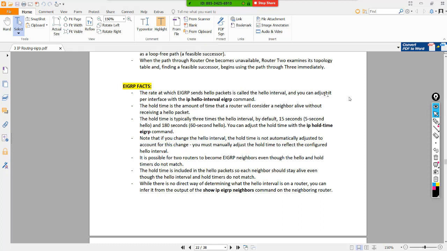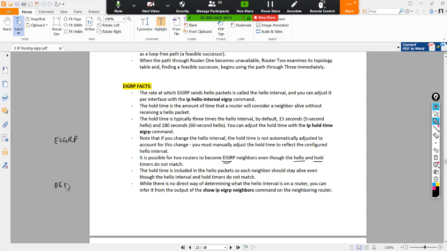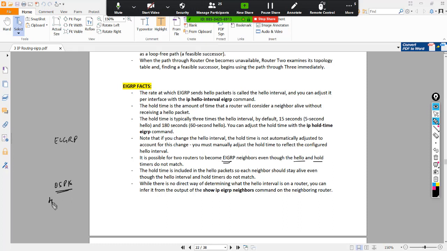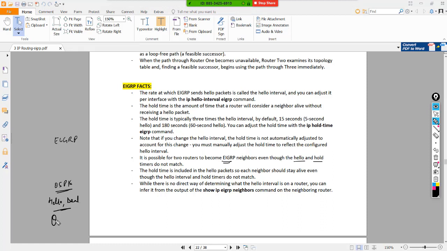Yes, there are some criteria that don't have to match in EIGRP. In case of EIGRP, the two routers don't have to have the same hello and hold timer to form the neighborship. Why I'm mentioning this is, in case of OSPF, the hello and dead timers must be the same to form the neighborship between two routers. But in EIGRP, they don't need to be the same.